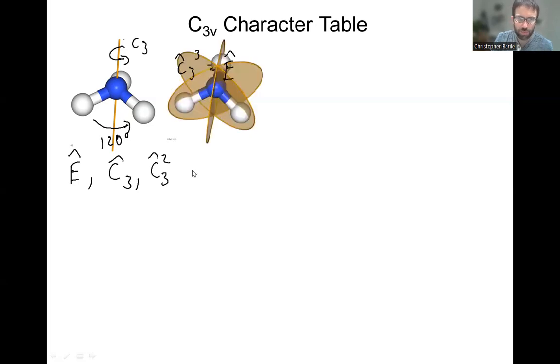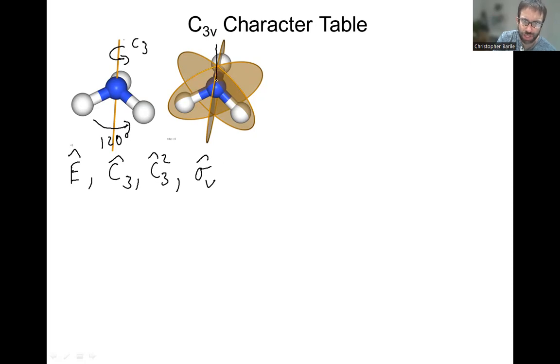And if we keep going here, we can identify more symmetry operations. There's actually 3 reflection planes, and these are shown here. These are vertical mirror planes. We use sigma to represent a mirror plane. It's called a vertical mirror plane, with a subscript V, because it is coincident with the principal rotation axis.